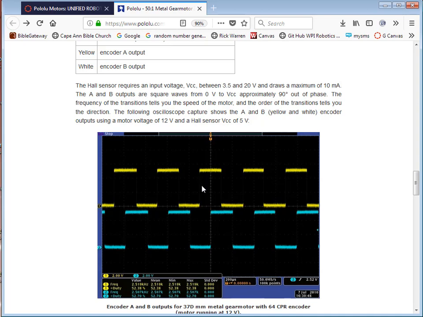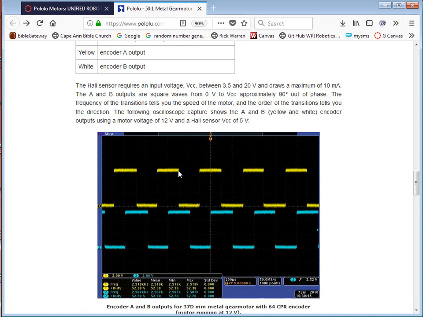That's accurate enough. So to measure the speed, in this lab you're going to output data at a rate of 50 hertz. In other words, every 1/50th of a second, you're going to output the angular position and the velocity. You can get the velocity just by looking at the time it takes.